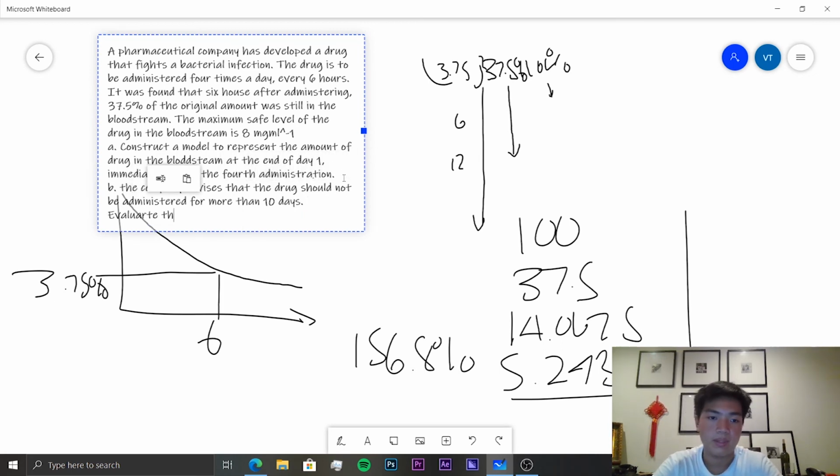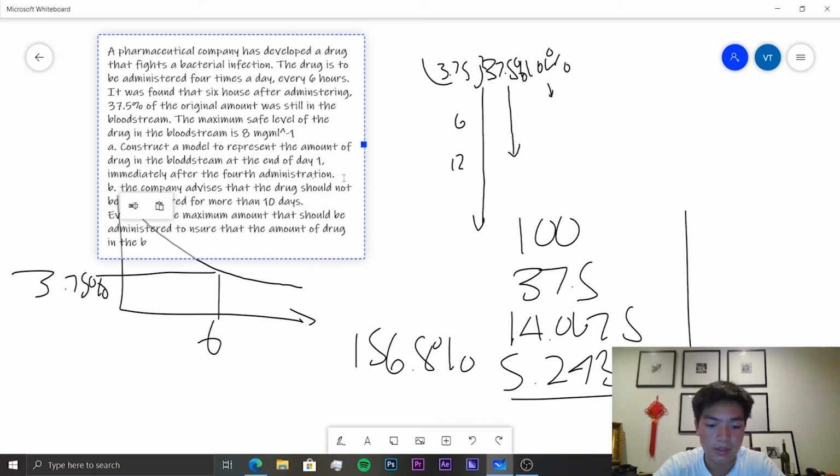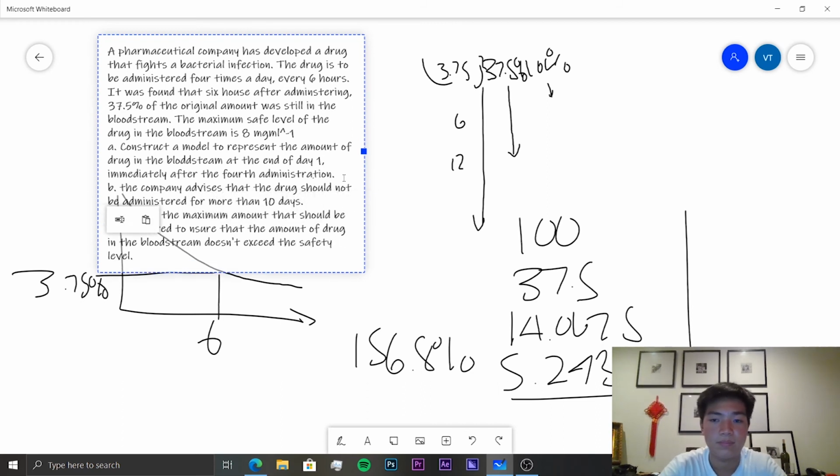Evaluate the maximum amount that should be administered to ensure that the amount of drug in the bloodstream doesn't exceed the safety level.